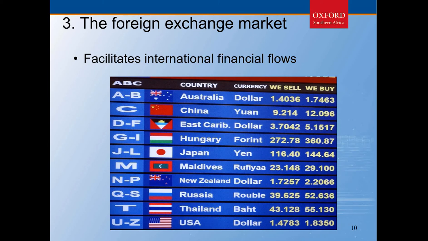So the bid price and the asking price: the bid is what we will buy for and the selling price is what we will sell the currency to you with. So if I go to the agency, they're saying that we will sell you Australian dollars on this board for 1.40 of whatever your currency is, but if you want to buy Australian dollars from us, it will cost you 1.74 of the local currency.